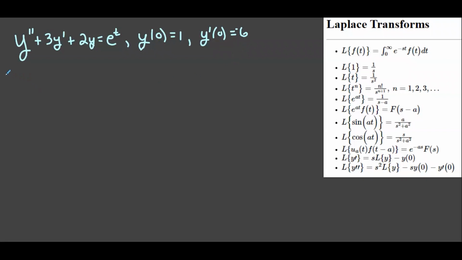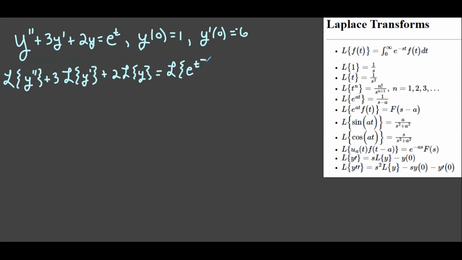So I'm going to take the Laplace transform of both sides, and we'll split it up into separate Laplace transforms. We're going to factor out the constants. And we have to take the Laplace transform of the other side as well. And I'm going to use my two formulas for taking the Laplace transform of a derivative.